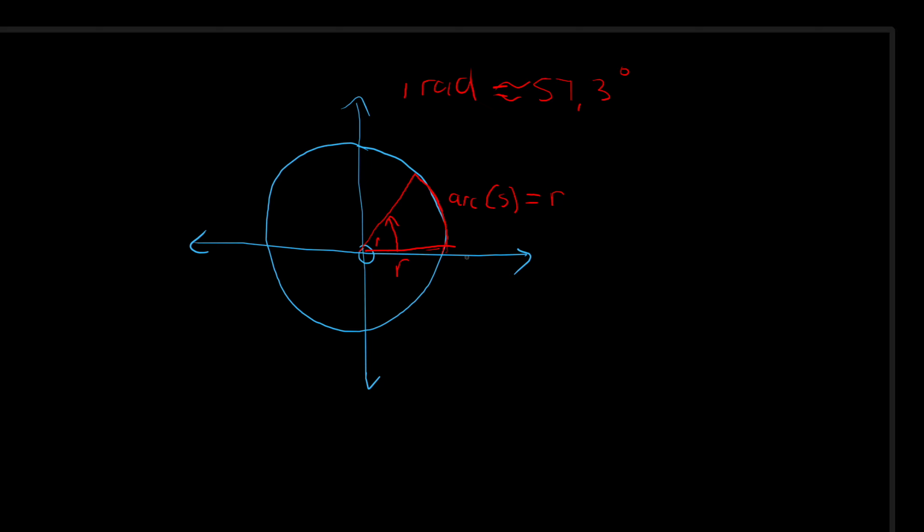Now it's very easy to calculate the angle of any sector. We've got a sector, and we know the length of the radius, so this is 10, and we know the length of the arc, which maybe is 5.